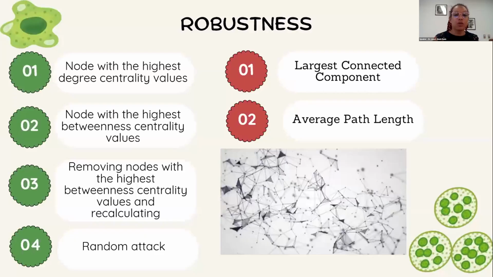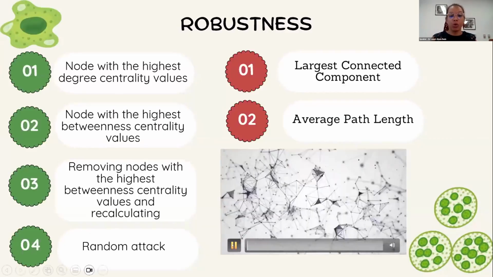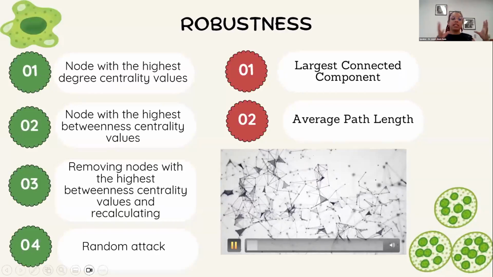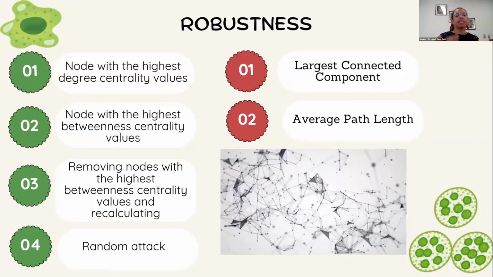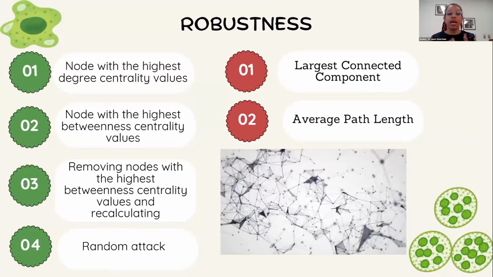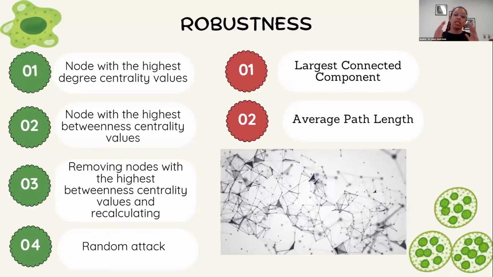Last but not least, we have the robustness of the microbiota. That is the capacity, the resilience, of the microbiota to resist external factors. In this case, we have two approaches that we like to evaluate: robustness with respect to node removal and to node addition. For node removal, we select nodes with high centrality and start removing them from the community, and we can evaluate how the community is dropping.